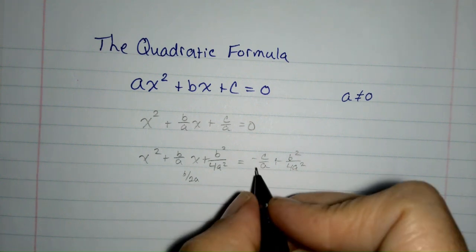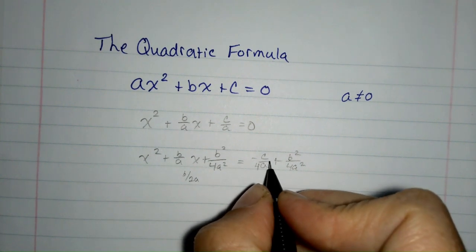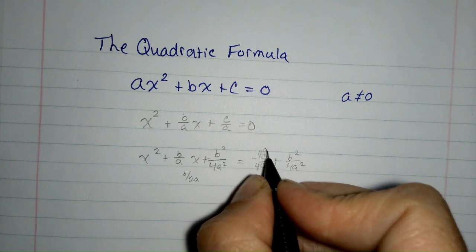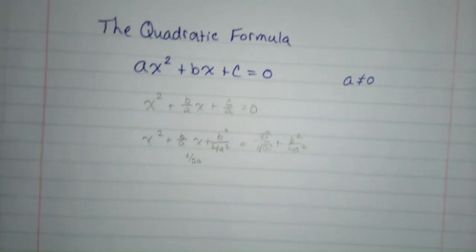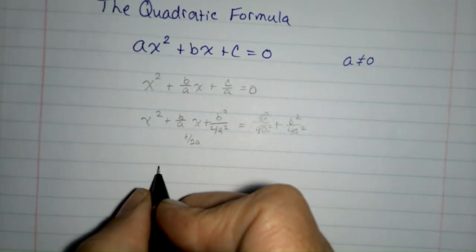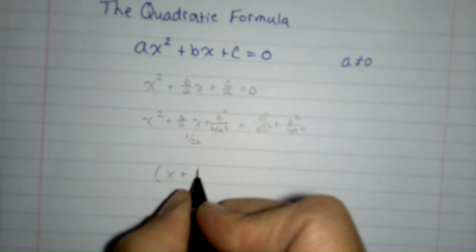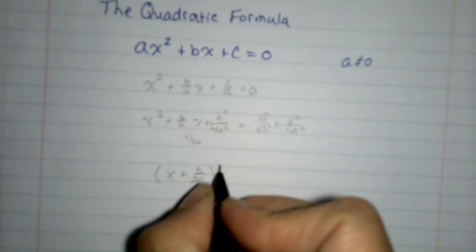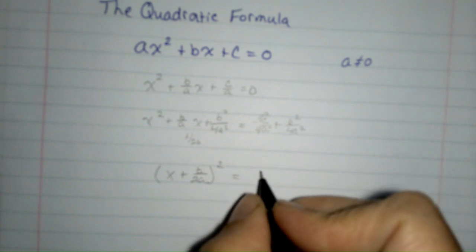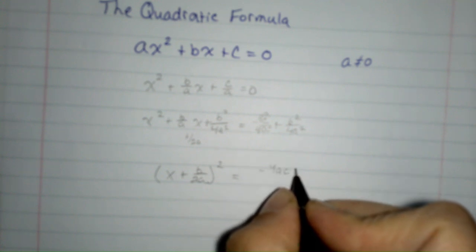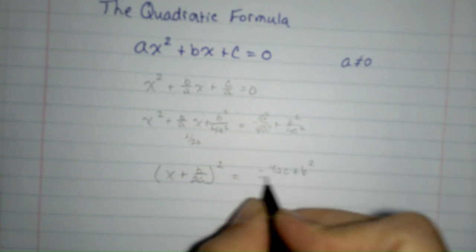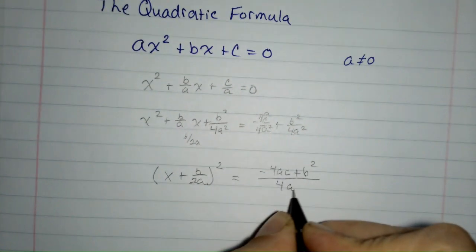And I'm going to give this a common denominator, so I'm going to multiply by 4 and a, multiply by 4 and a. And I'll clean that up a little. This is now going to factor to x plus b over 2a squared. And this will be negative 4ac plus b squared with that common denominator of 4a squared.